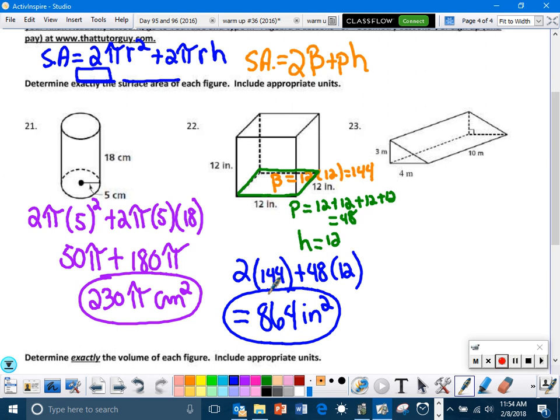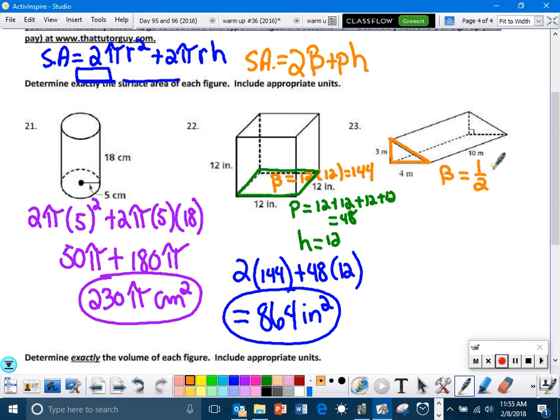Now, believe it or not, number 23, we're going to use the exact same formula. The only difference is it's a triangular prism. That means the base, ladies and gentlemen, is the triangle. To find the base area, we're going to take 1/2, because it's a triangle, 1/2 base times height.